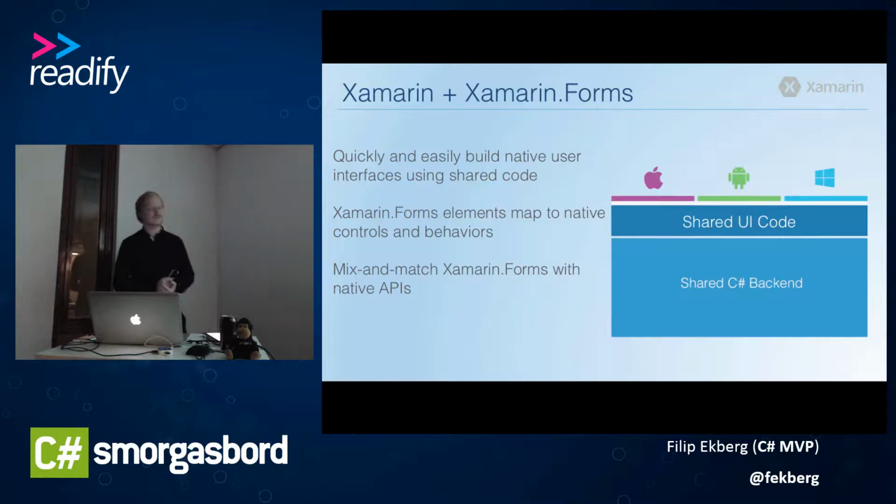One thing to really think about here is that when I use elements inside Xamarin.Forms, they really map to something that is native on that platform. So if I use a button inside Xamarin.Forms, that will map to a UIButton on iOS, a button in XAML and a button in XML. The same goes for things like WebView and other things, they map to the native controls.